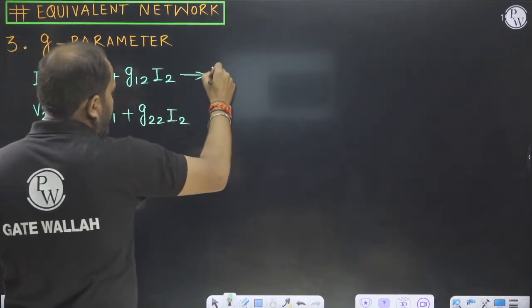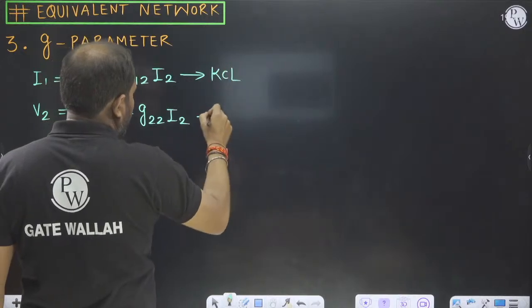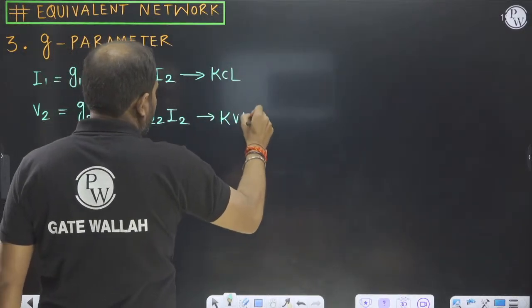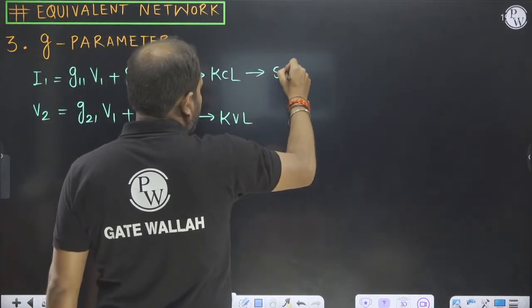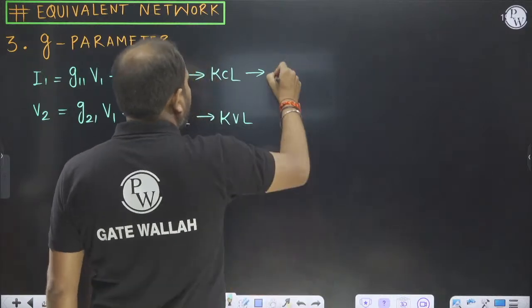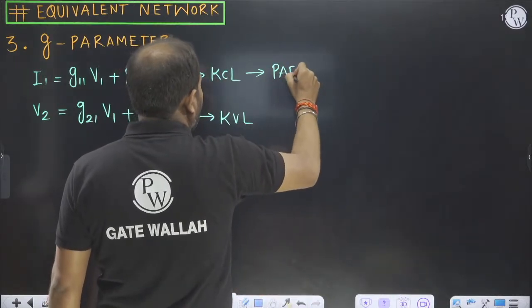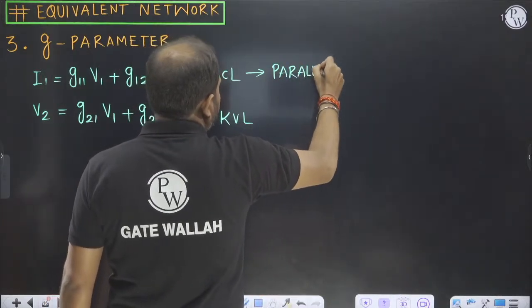This one is current KCL, this one is voltage KVL, this one is current series parallel. Current divides in parallel, voltage divides in series.